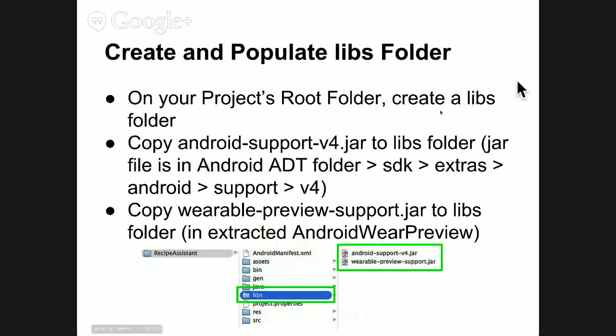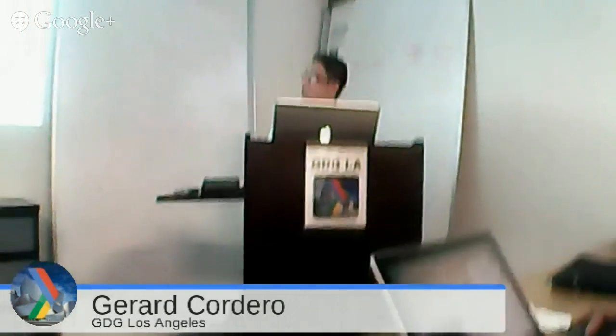So for the first one, you have to go to your ADT folder, SDK extras. Which one do you not have? I don't know where to put the wearable previews. Well, I have it right here. Oh, to under libs. Okay. Yeah, both under libs.